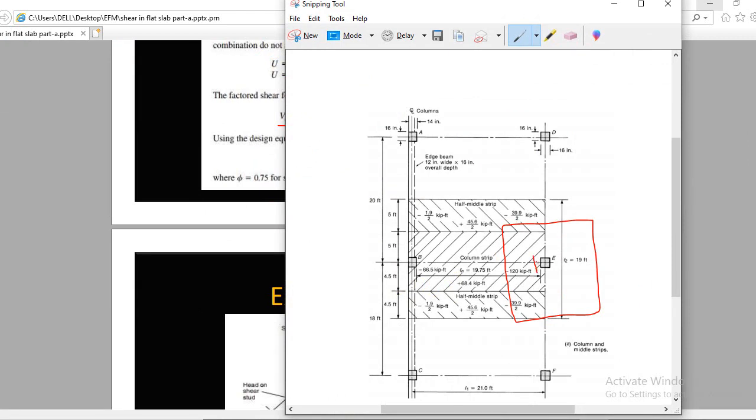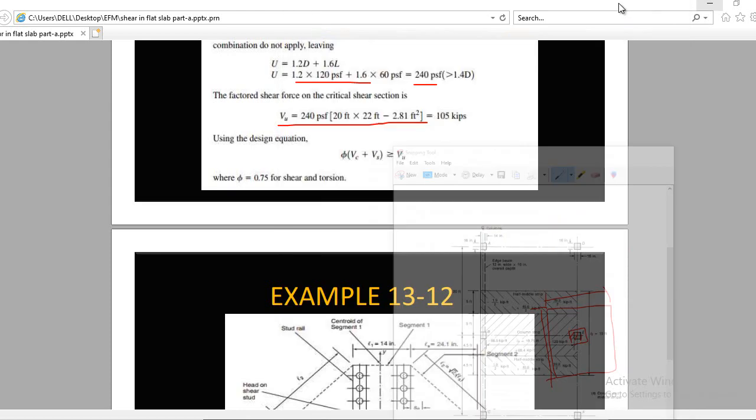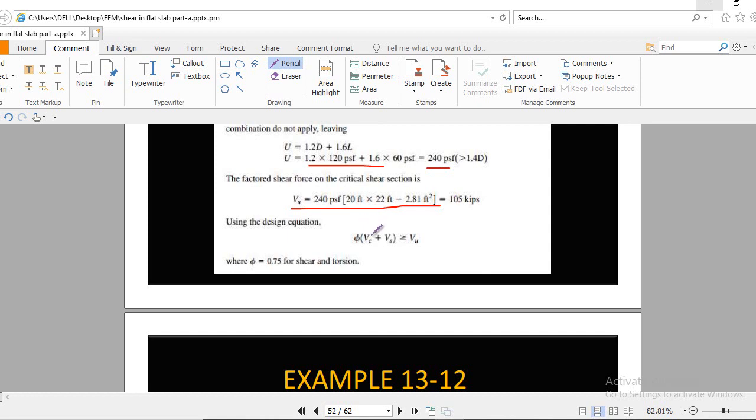We have the total area, which is 20 feet on this side and 22 feet on this side. So 22 times 20 minus this area, which we already calculated as 2.81. Subtract it, you get your Vu.